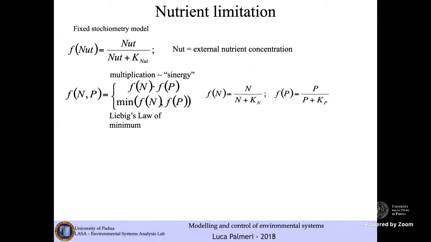By employing the fixed stoichiometry model, we may say that the limiting function for nutrient availability is the classical Michaelis-Menten function that we have studied in enzymatic processes, because we have said that there is a striking analogy between the chemical kinetics of enzymes and the chemical kinetics of bacteria.